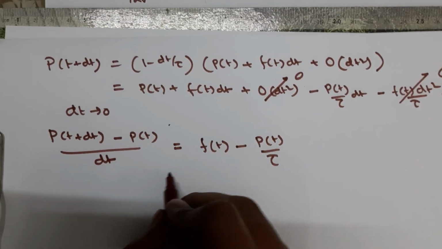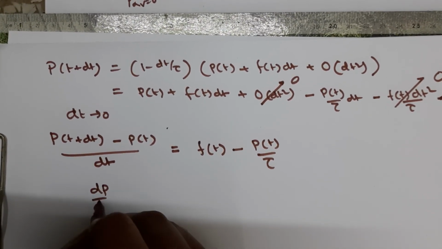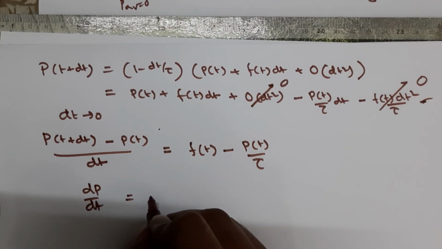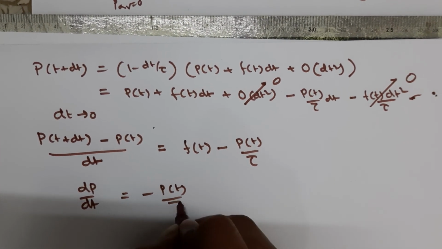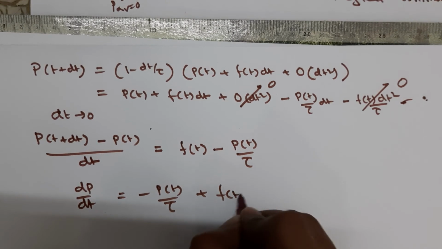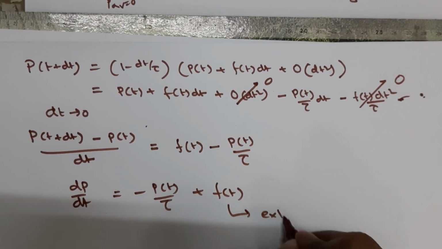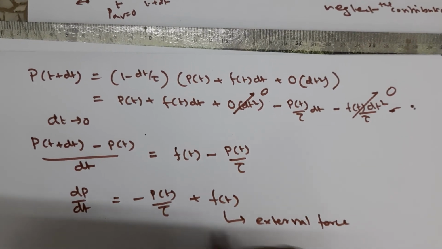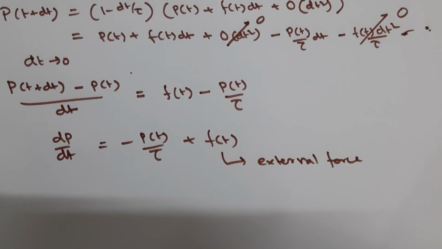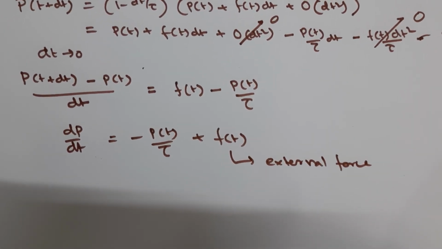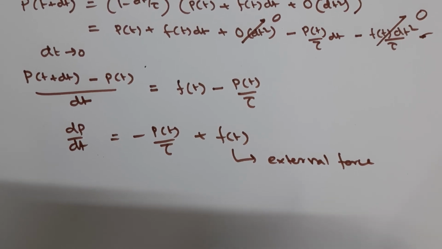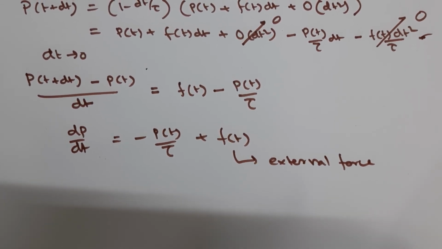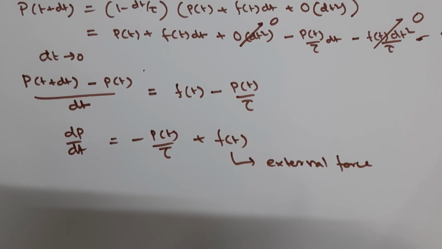So this is our expression for dp/dt, which is nothing but minus p(t) divided by tau plus F(t), where F(t) is an external force. Okay, so we are going to use this expression in deriving the Hall effect.